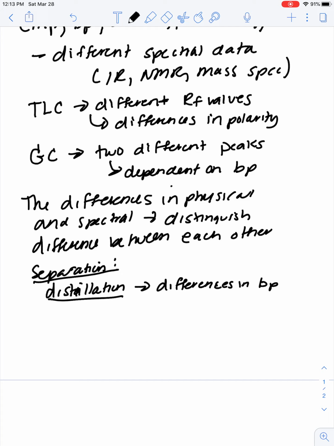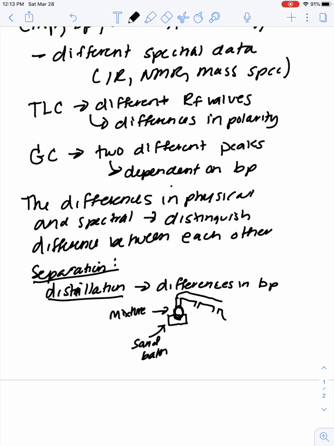So what happens is you have some heating source, say a sand bath. You have your flask here with your mixture of diastereomers, and then you will have some condenser. So remember condenser, we have water in, water out.